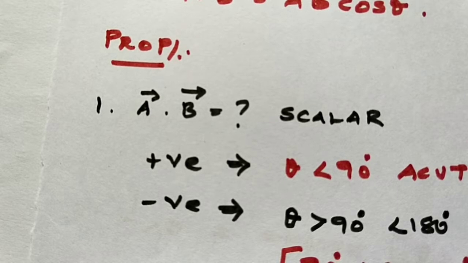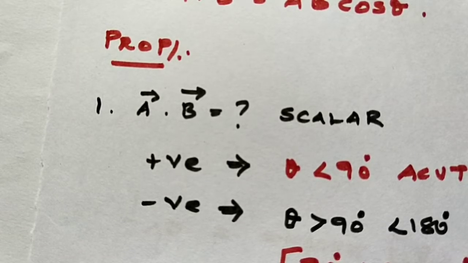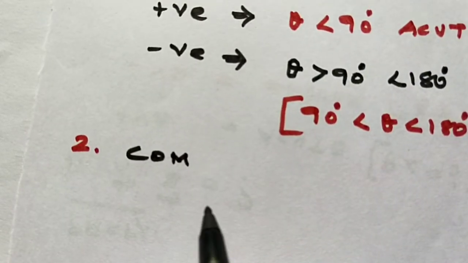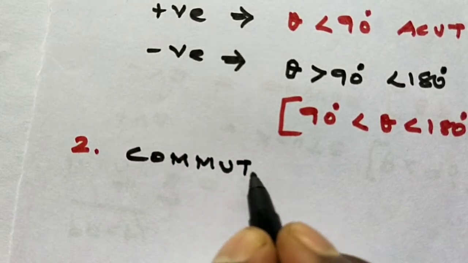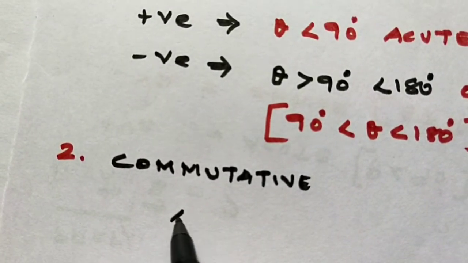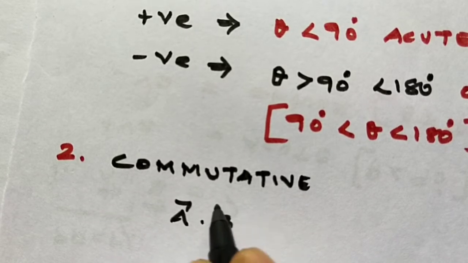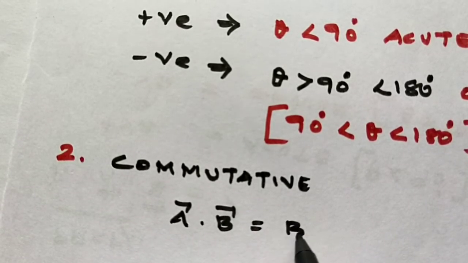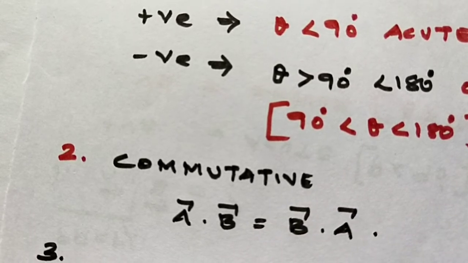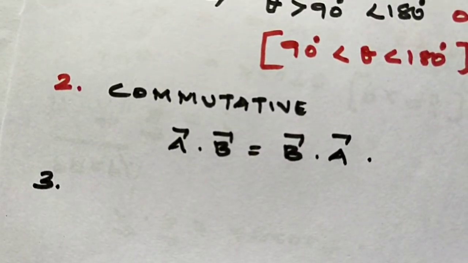The second property is that the scalar product is commutative. Commutative means A vector dot B vector is equal to B vector dot A vector. Another property is that vectors obey the distributive law.